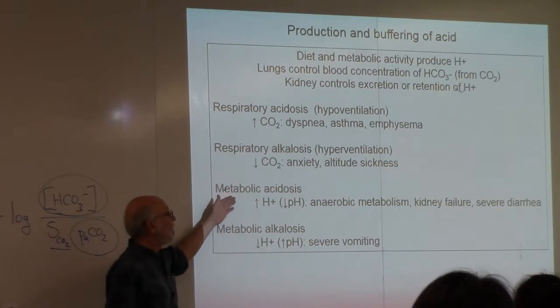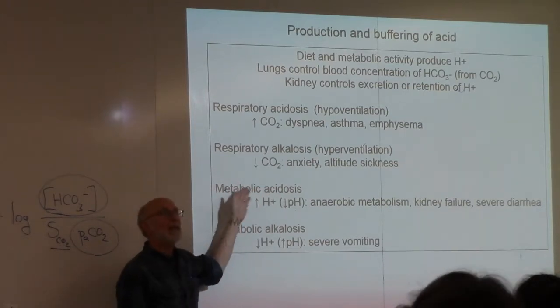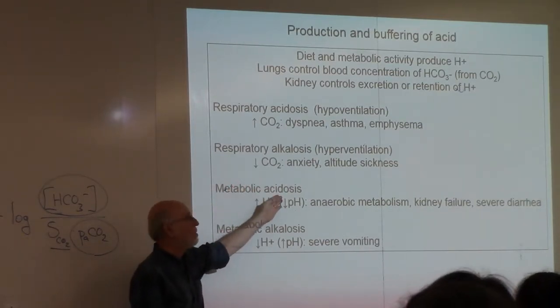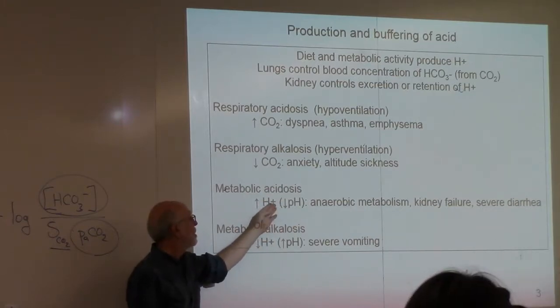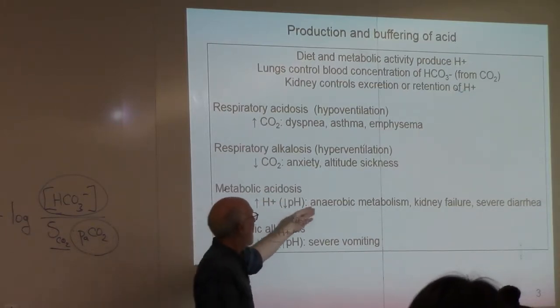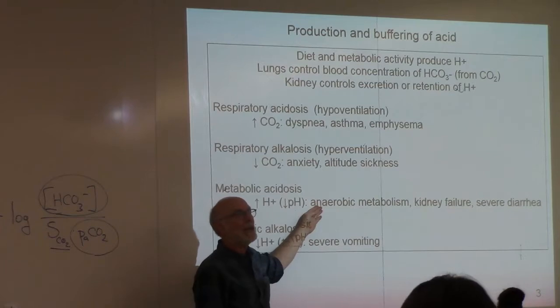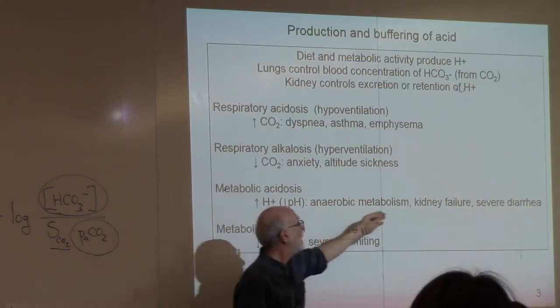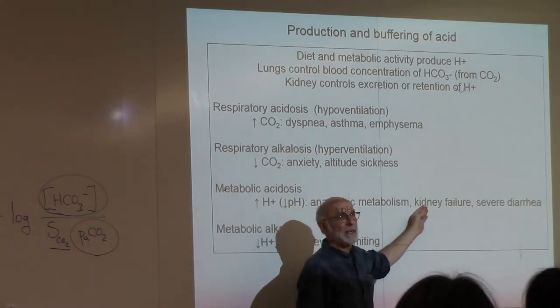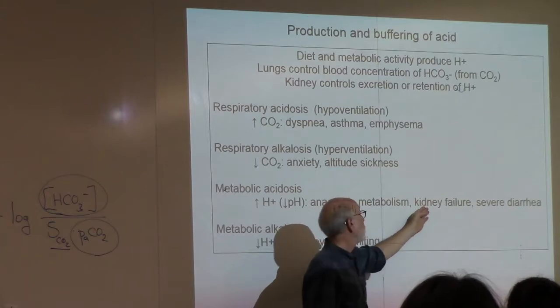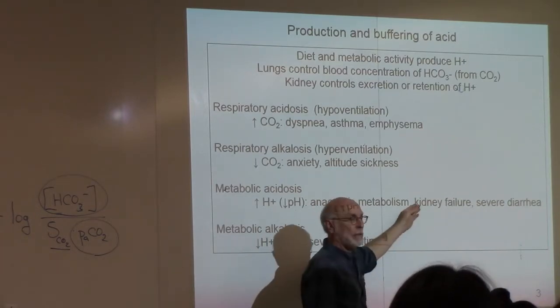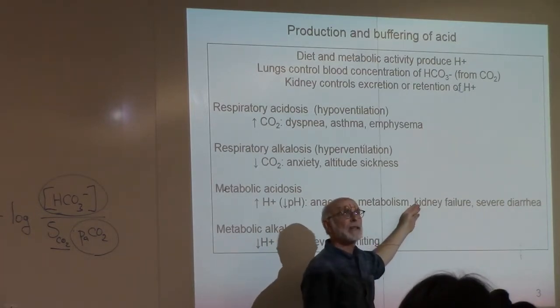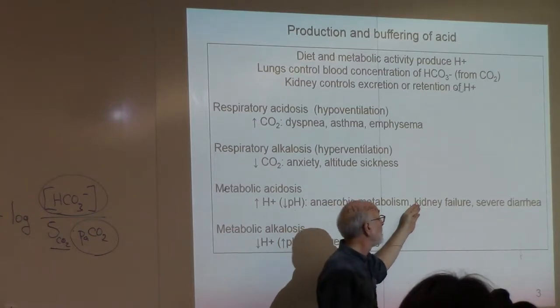Okay, and so metabolic acidosis is a metabolic reason for a low pH. And anaerobic metabolism, that is to say, exercising but not breathing enough. Our muscles are becoming anaerobic. Kidney disease, retaining too much acid or excreting too much bicarbonate.